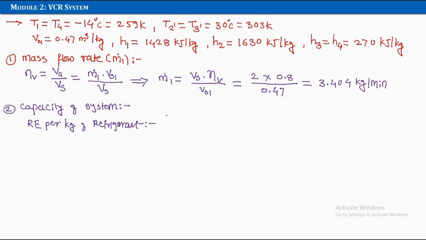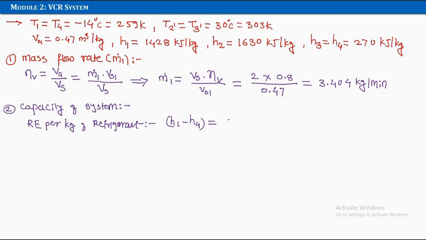What is that? That is equal to H1 minus H4. That is the refrigerating effect per kg of refrigerant: how much 1 kg of refrigerant can absorb from the substances. So it is H1 minus H4.